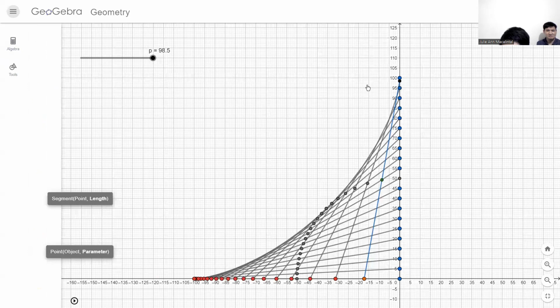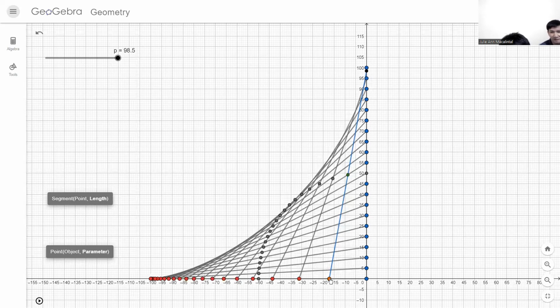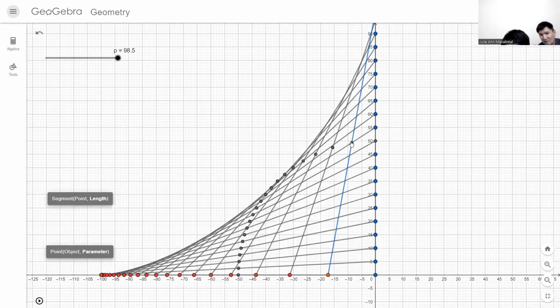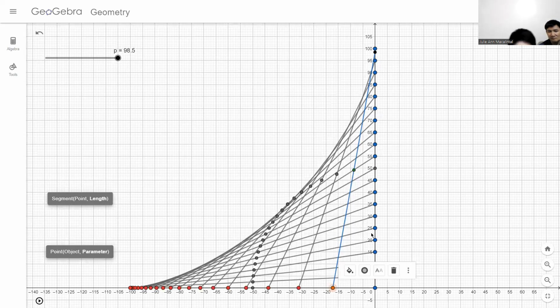The black point is the top endpoint, and the blue are the top endpoints, and the red are the bottom endpoints. In this case, the green here is a midpoint, so I can show the contrast. The gray points are the midpoints, the black is the top and the reddish color is the bottom.